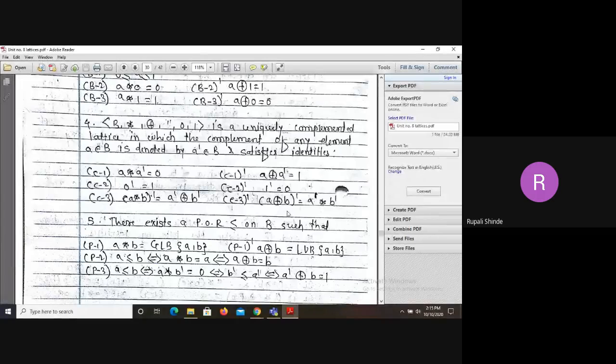Now if you take its complementary part, then we have to replace this star by XOR operation. So A XOR B, this whole bracket's complement, you will get A's complement star B's complement. So these are the three properties for the complemented lattice.